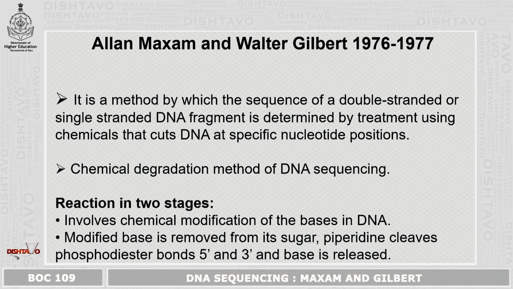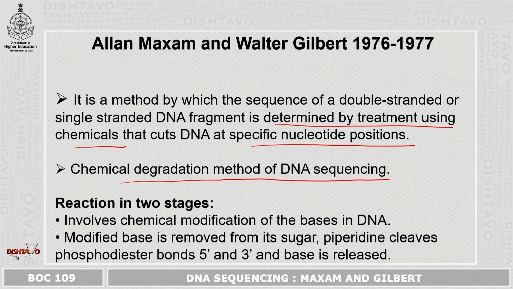It is a method by which the sequence of a double-stranded or single-stranded DNA fragment is determined by treatment using chemicals. These chemicals cut the DNA at specific nucleotide positions. So, it is the chemical degradation method of DNA sequencing.